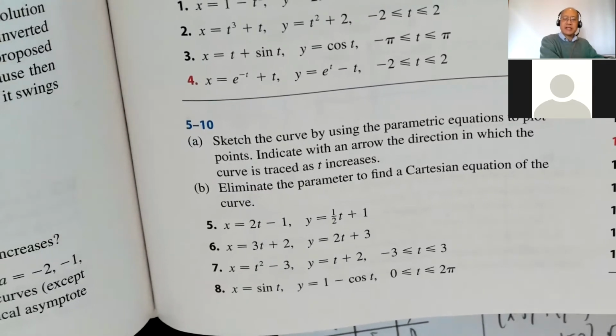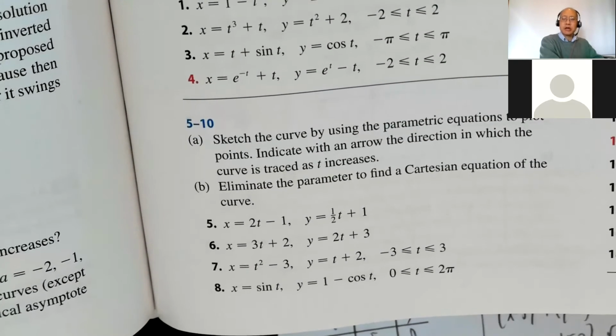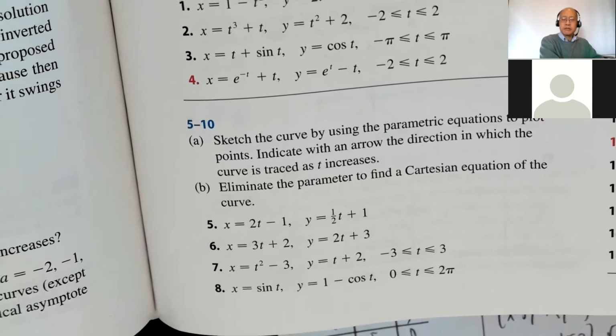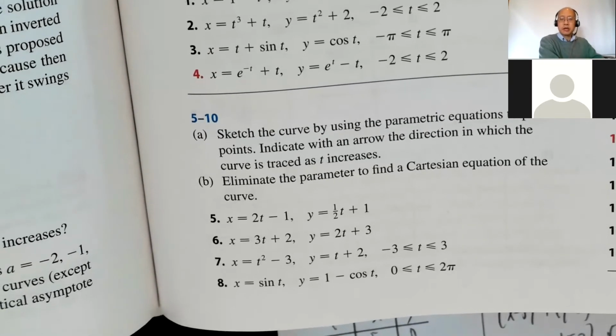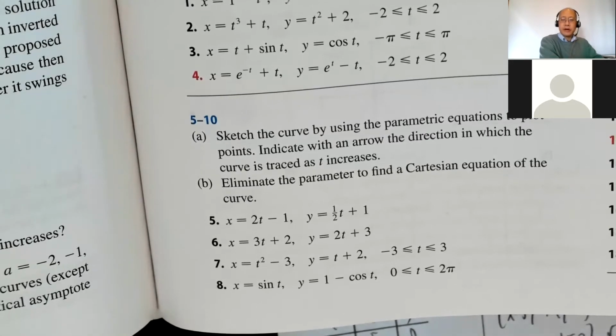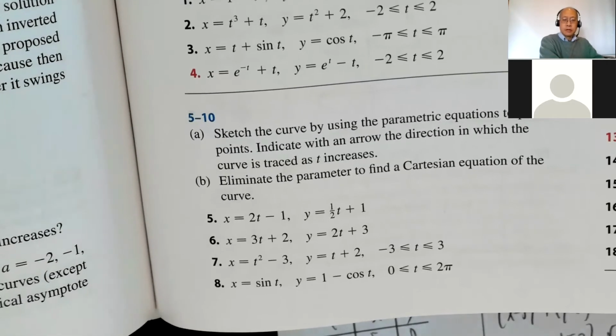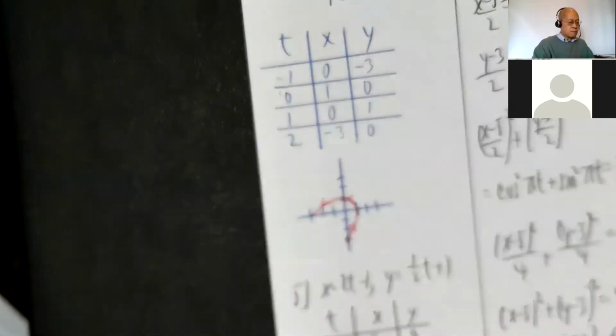What's Cartesian? That's x and y. So the rectangular coordinate system is sometimes called the Cartesian coordinate system, the regular x versus y that we're familiar with. That's sometimes called the Cartesian plane, the usual x and y. Okay, so I'll do 5, which hopefully shows you how to do 7.